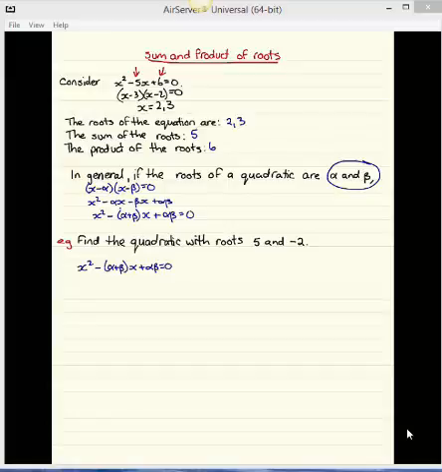And we look at our numbers. So the sum of the roots, alpha plus beta, is 5 plus negative 2. So we end up with x squared minus 3x. And the product of the roots is going to be negative, so we're going to get negative 10 is equal to 0. So it's another way of finding the equation if they're given the roots.